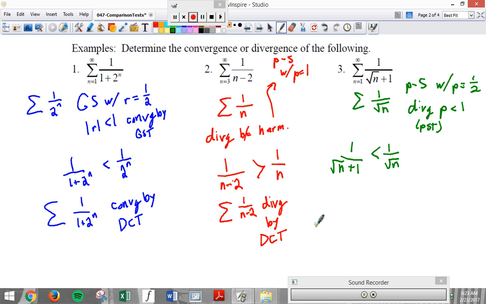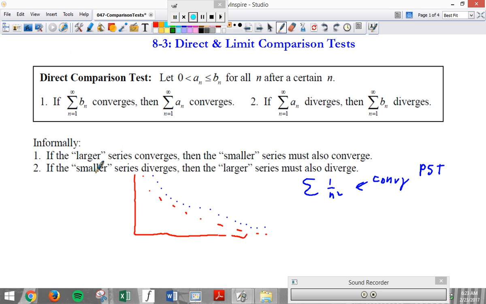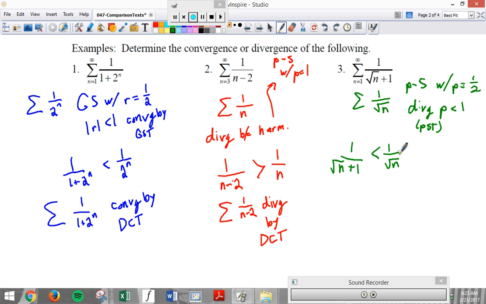In this case, this would be a bigger series that diverges. And if we go back here, I need a smaller series that diverges, or a bigger series that converges. I cannot do anything with a bigger series that diverges. So, this is a dead end.